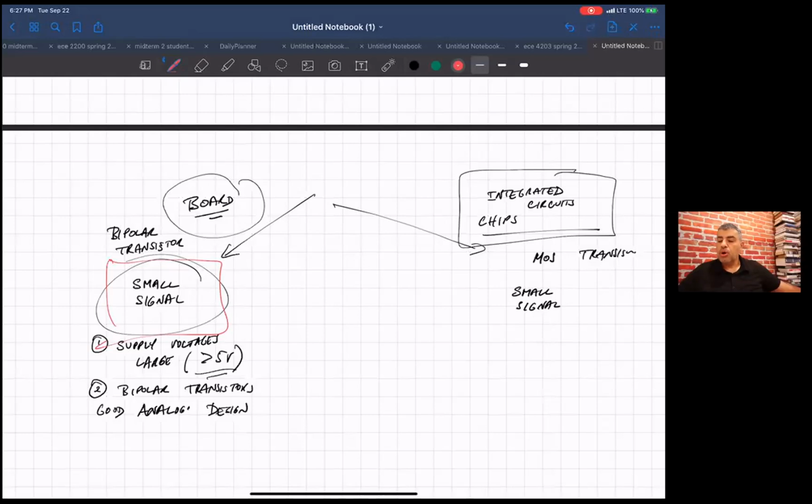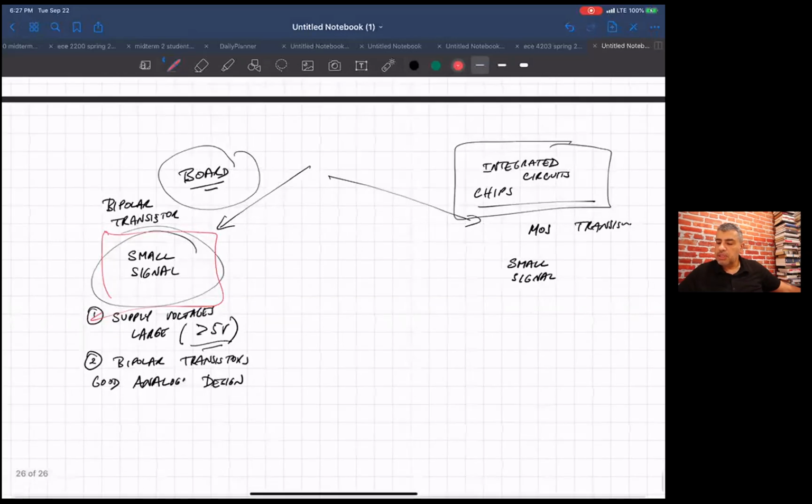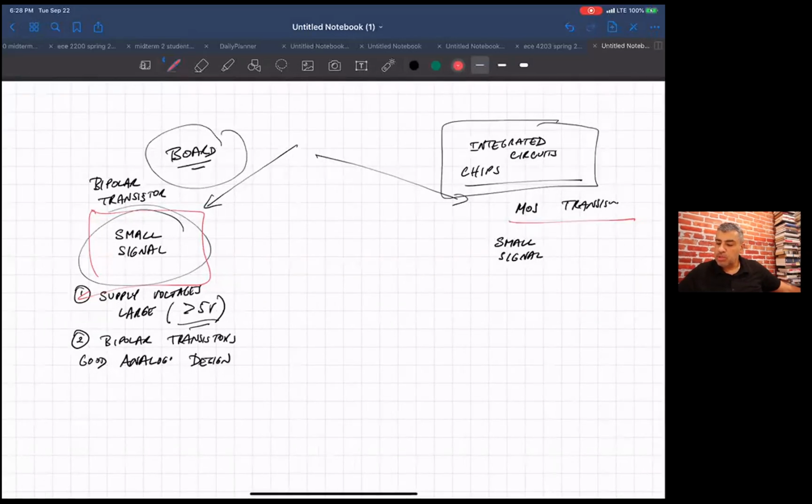Okay. So on the other hand, if you're doing chip design, which is something I do or used to do for a living, you use MOS transistors almost exclusively. And you also have really low supply voltages. The supply voltages we deal with, you'd be lucky to have a 3.3 volt supply, something like that. So that's one.